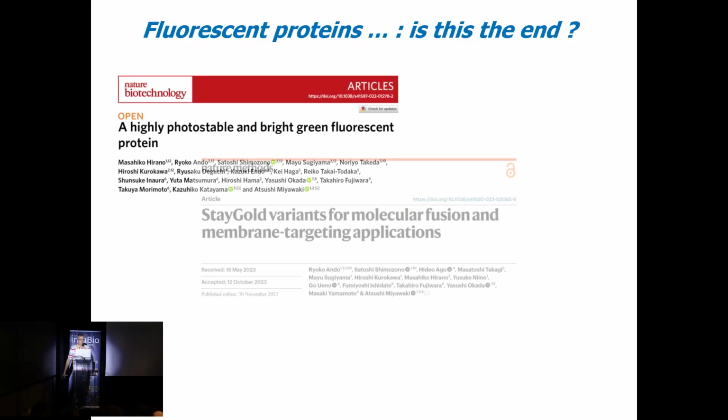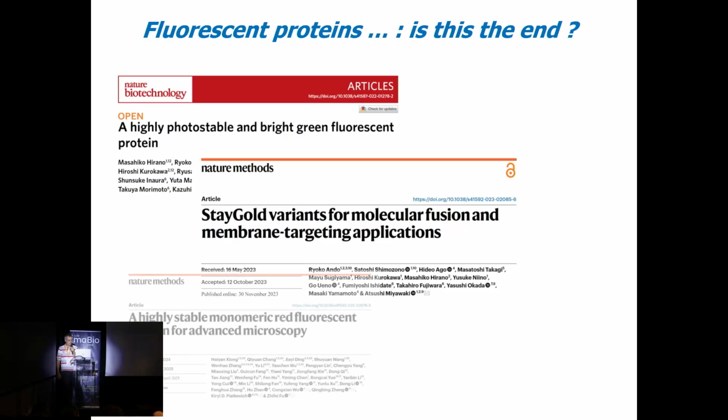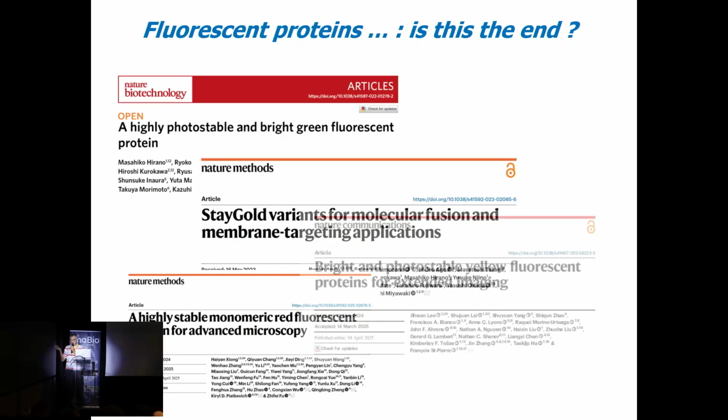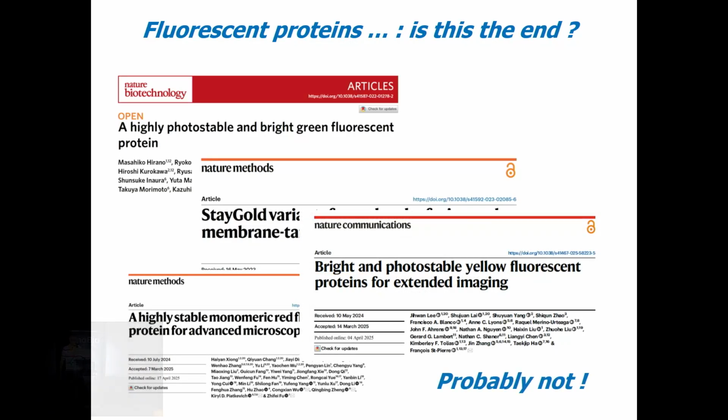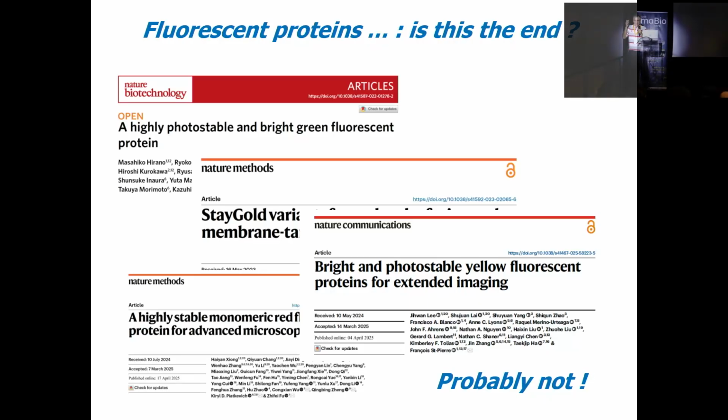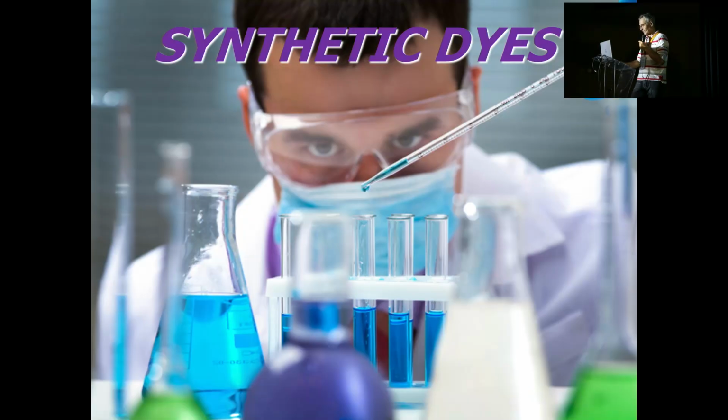However, in the last few years, we have seen the discovery of super stable fluorescent proteins, not only green, like StayGold and mStayGold, but also yellow and recently red. And these super stable and bright fluorescent proteins bring fluorescent proteins almost to the level of organic dyes. So maybe it's not the end for fluorescent proteins.